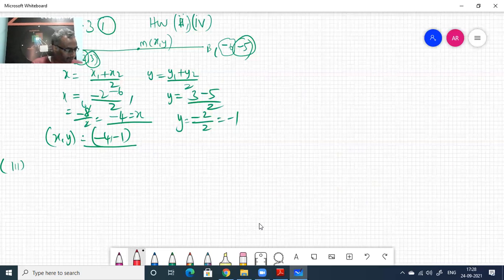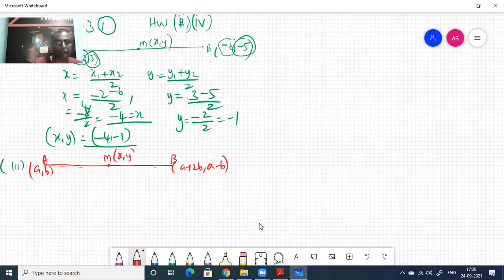The third sum. The points are A comma B and A plus 2B comma A minus B. So now you have to find the midpoint M, X comma Y. X is equal to X1 plus X2 by 2.